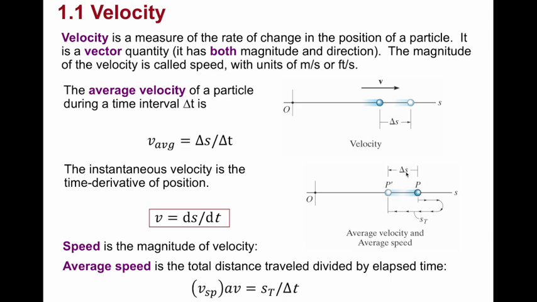So the displacement, if we keep following our definitions, will be the final position minus the initial position. This is the displacement of that particle, but the particle moved all this, right? So this was not the total distance, this is the total distance traveled. So we can talk about an average speed, which will be that total distance over that time interval. So these are two different quantities, the average velocity and the average speed.